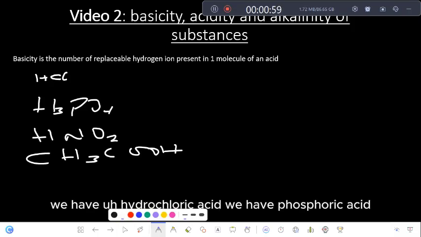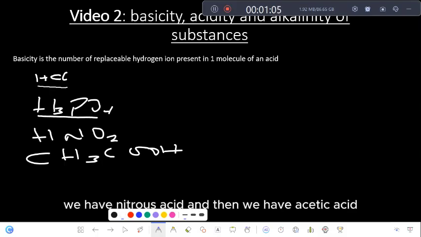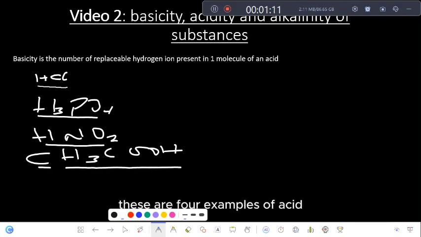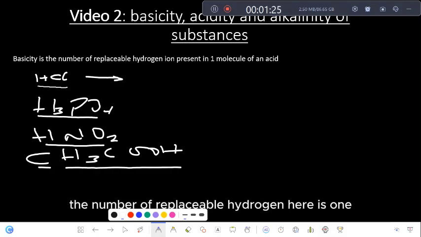We have hydrochloric acid, phosphoric acid, nitrous acid, and acetic acid. These are four examples of acids, and each of these acids has a number of replaceable hydrogen ions. For the first example, HCl, the number of replaceable hydrogen is 1.